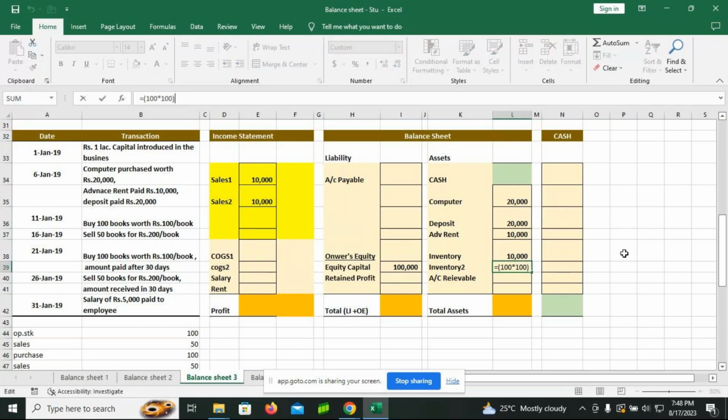I have to show the COGS. So 50 into 200, minus 50 into 100.